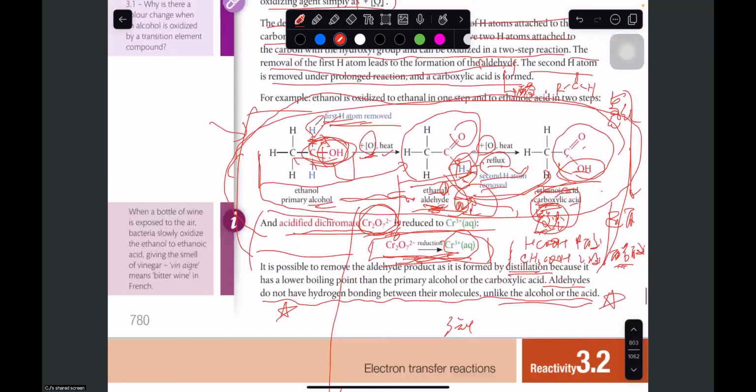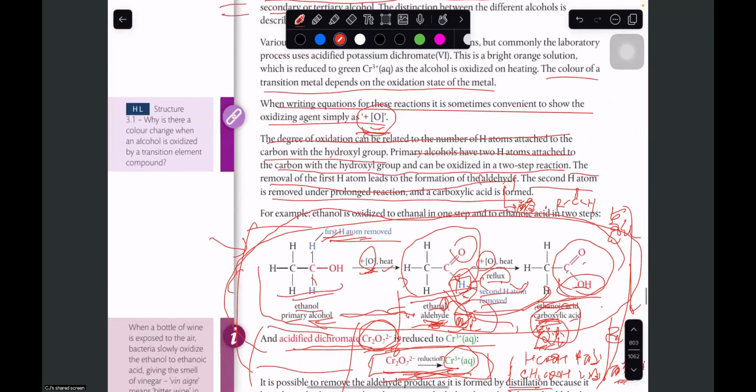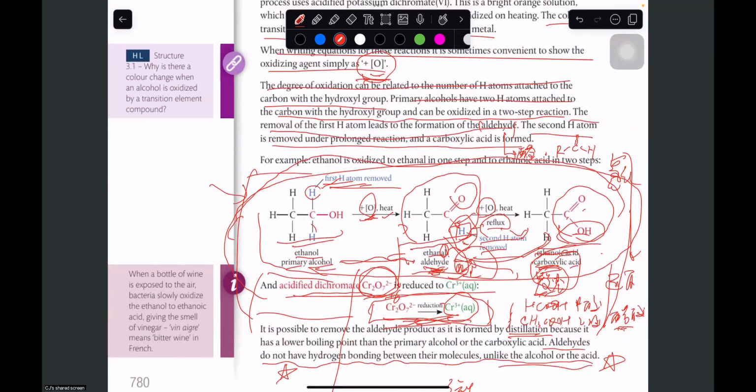We will check it. The first one is ethanol, and we know this is a primary alcohol. We use the number of hydrogens to name the primary, secondary or tertiary, right?